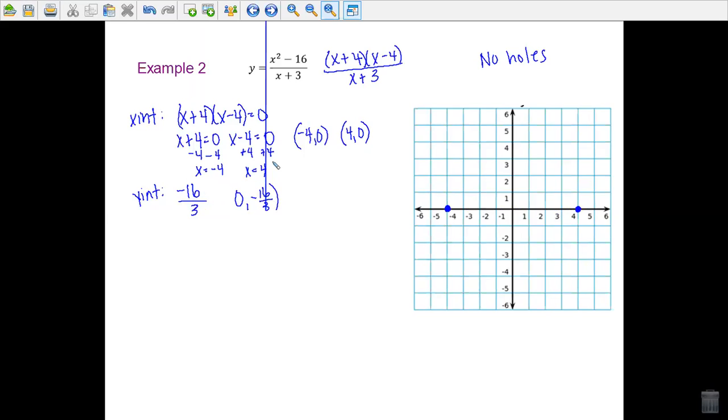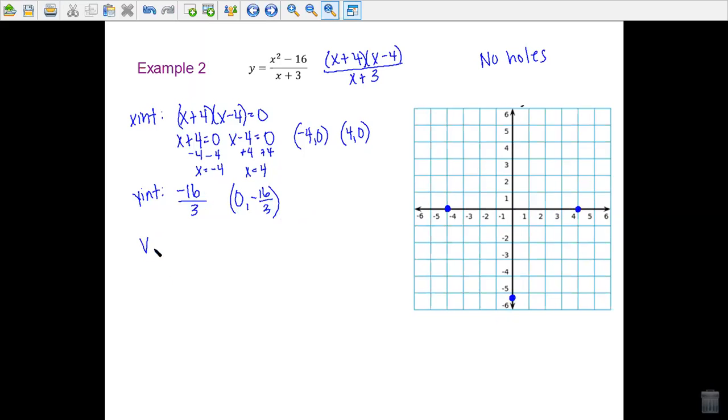That's 0, negative 16 thirds. All right, and I'm going to go ahead and graph that. And I'm going to estimate. 3 goes into 16 5 times. That could get you to 15. So it's negative 5 1/3. So I'm going to come down to negative 5 and approximate where a third is. So we'll stay right there.